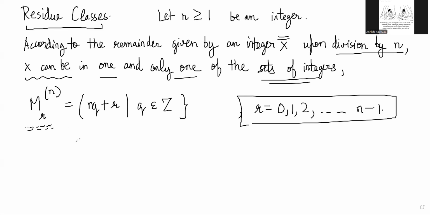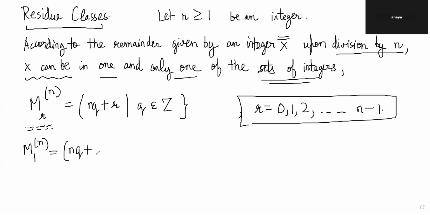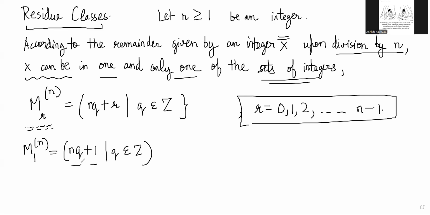What are the different sets? The first set is M_1^(n), which is numbers of the form nq plus 1 when q belongs to Z. This set is the set of all numbers of the form nq plus 1, where q is an integer. So this is always going to leave remainder 1 when the number is divided by n.